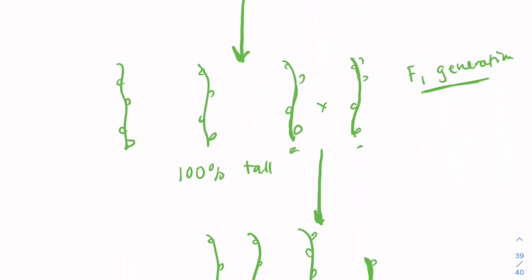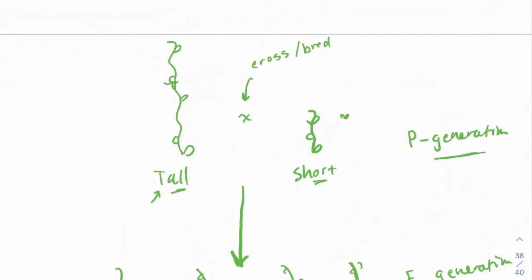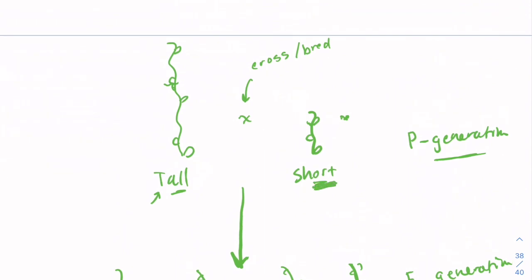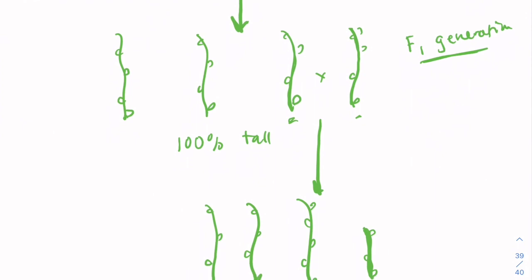It was experiments like this that led him to say, the trait that shows up more often, the tallness, is dominant, and it's hiding the expression of the shortness. And it didn't come out until the next generation, the F2 generation.